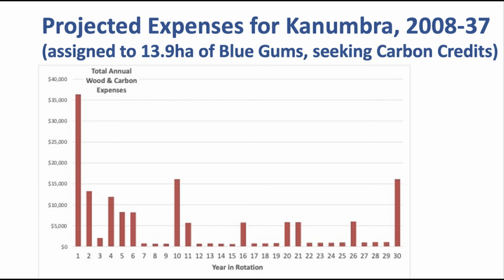As I say, it's uncertain and there are changes that happen over time. What I've assumed is that every 5 years there will be an audit, and that the total cost for the entire farm forestry will be $20,000 each 5 years. For the blue gums, we've assumed 25% of that is attributed to the blue gums.